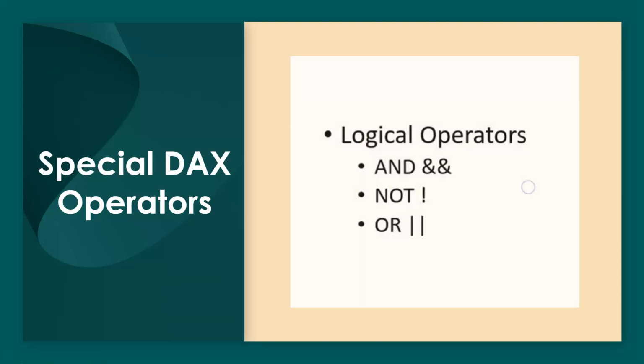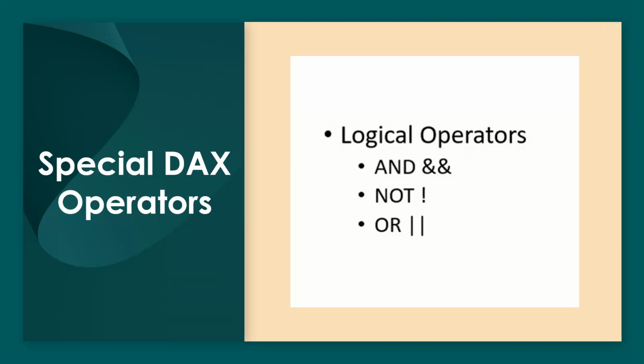There are some special DAX operators. Let us discuss some special DAX operators, logical operators. As an Excel user, you may have used the AND function in combination with IF, where you test two or three logical conditions and you want all of them to be true, and you put that into value if true and value if false.